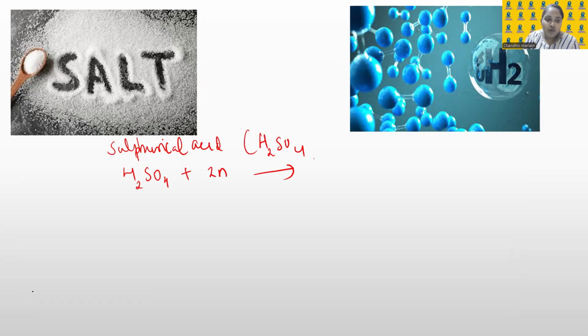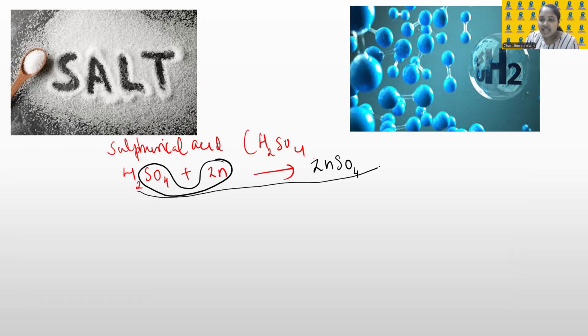The zinc will combine with the sulfate part, leading to the formation of zinc sulfate. And what remains is hydrogen, which will evolve as hydrogen gas. So sulfuric acid and zinc react together to form zinc sulfate and hydrogen gas.